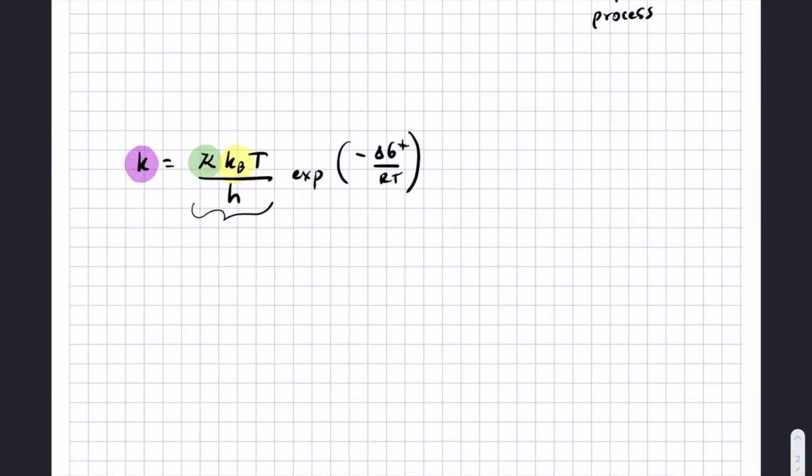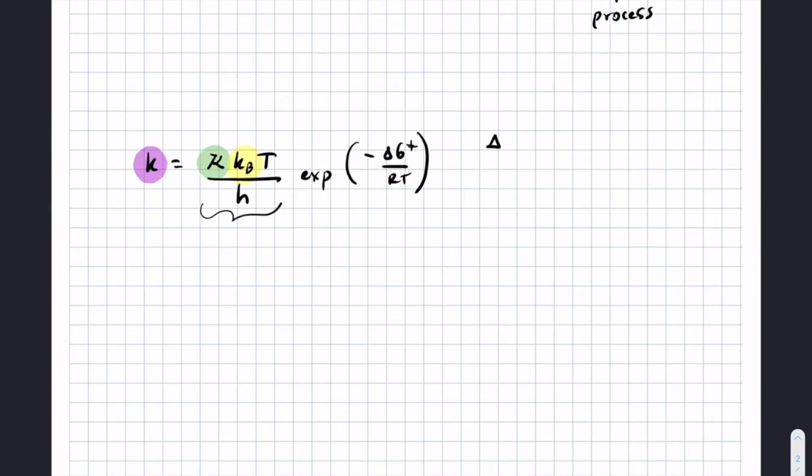So suppose you have a process that you're interested in and you want to know how the activation energy shapes out between enthalpy and entropy, right? You can substitute this expression for delta G into the equation here.